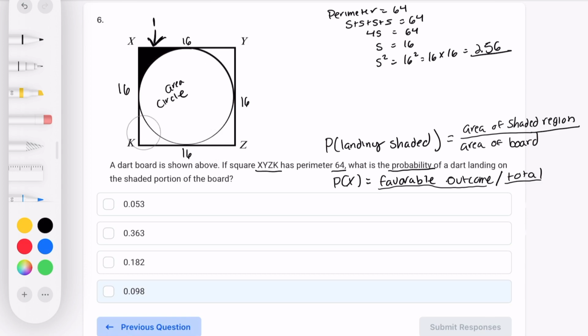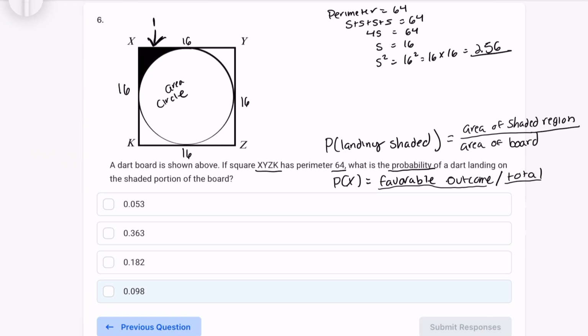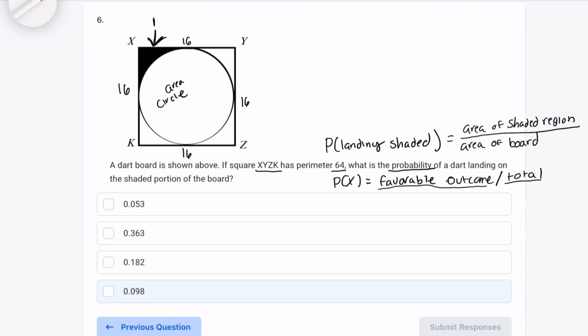I'm going to delete the work for the perimeter here just so we have more room. So we want the area of the square, subtract the area of the circle, and then divide it by 4.